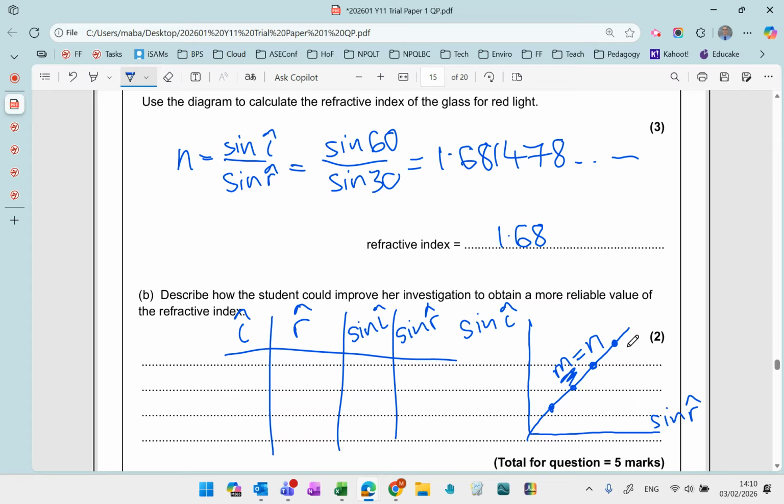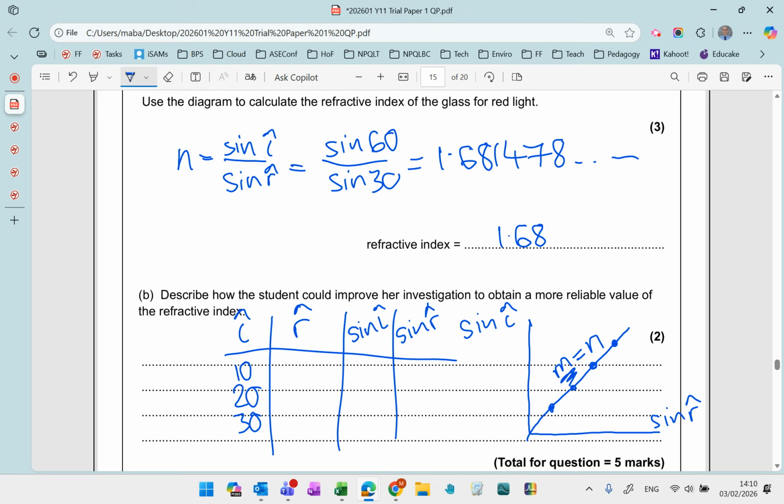That's kind of the gold standard that you can have there. And of course, within this, you could take multiple readings at each of those values. So if you were doing it at 10 and 20 and 30 degrees, then you could take multiple repeats of each of those values.